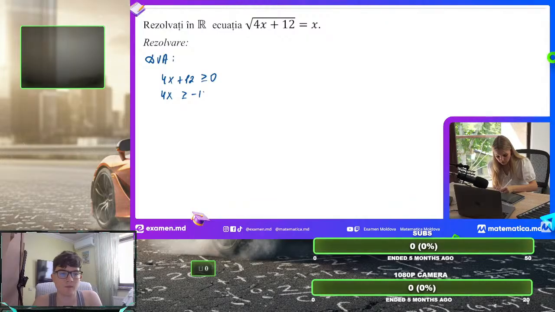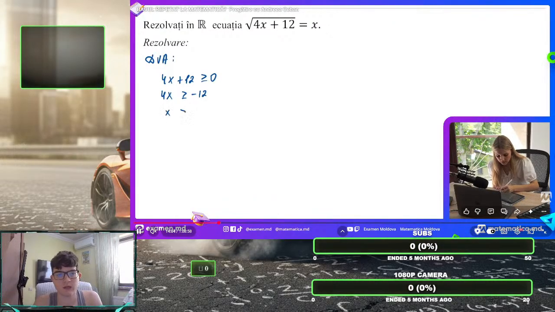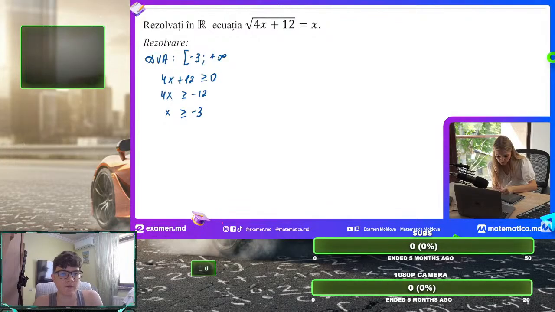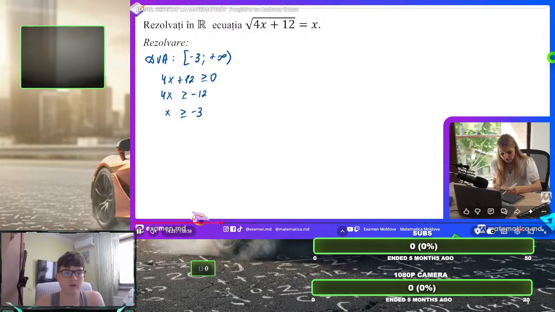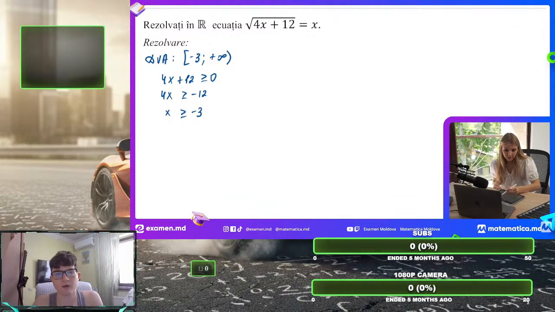Minus 3, right? Okay, so got that. Place it on the graph. And actually we don't need to place it on a graph. Minus 3 till plus infinity with parentheses like that because it's bigger or equal.